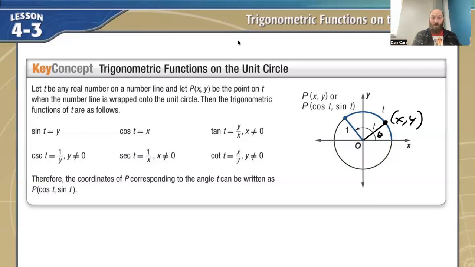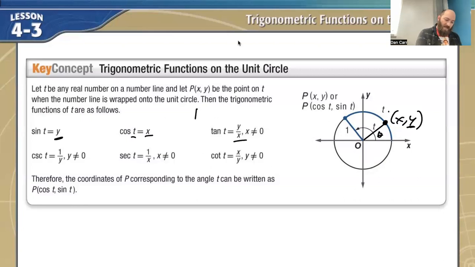The idea is that the sine of theta in this case is just equal to the y value. So whatever y value this is, that's going to be the result of the sine of that theta. Cosine of theta is x, and then tangent of that theta is y divided by x.